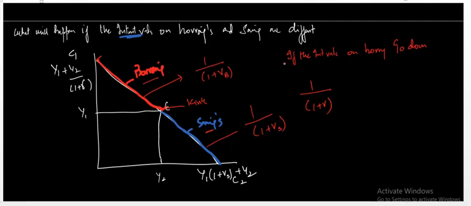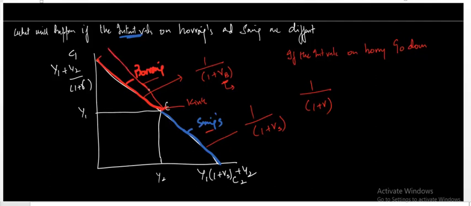Now what I was talking about is that if the interest rate on borrowings goes down, this number is going to get reduced, and if we divide by the lower number, the whole number is going to increase, which means that this is going to widen up. So this is going to be something like this.